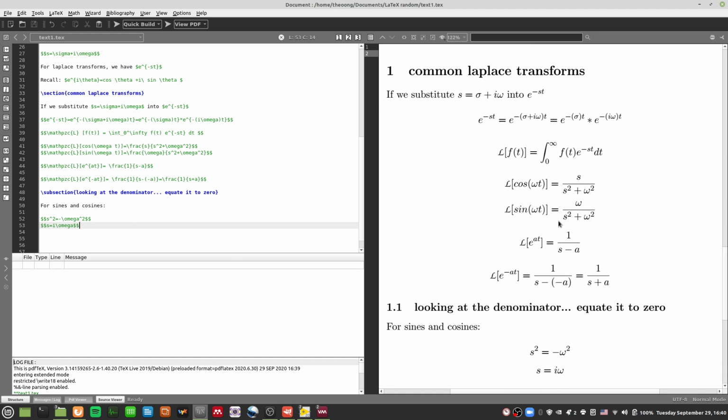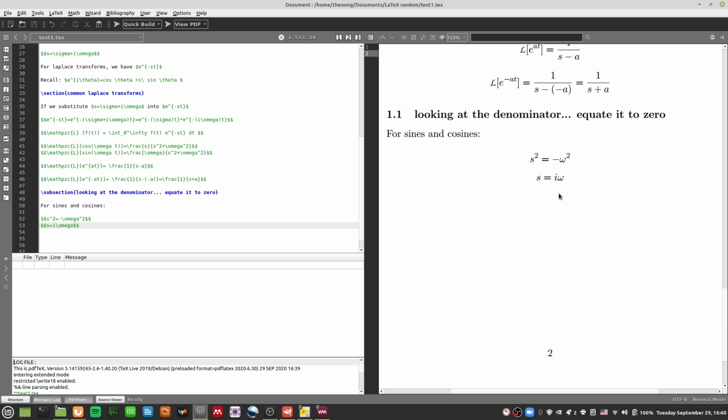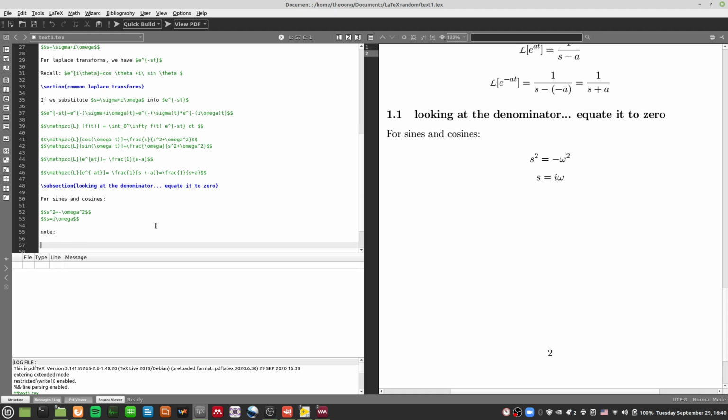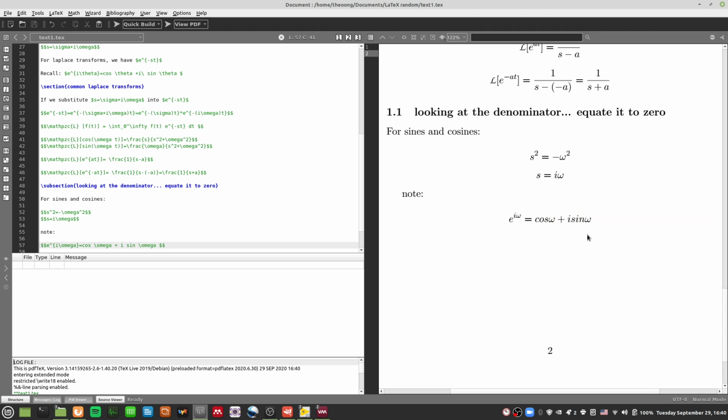When you have e to the i omega t, you'll get sines and cosines. Note, e to the power of i omega equals cosine omega plus i sine omega. I didn't put the t in here, but this is just something very interesting for you to note.